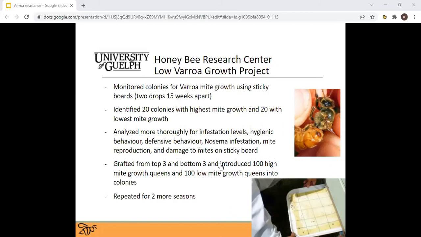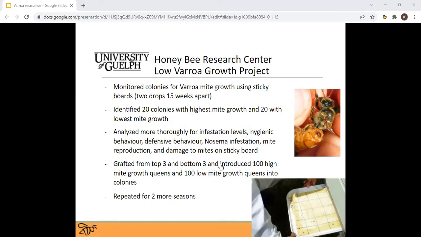From those observations, they developed this project looking at LVG specifically, really developing the protocol for this field test and seeing if this is something that can be selected for and bred for. So can it be reliably passed on from one generation to the next using this field test?